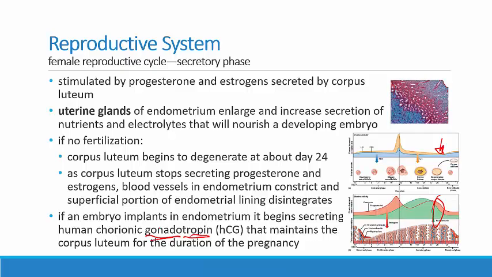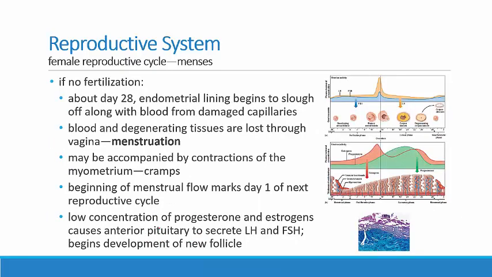So, again, back to the no fertilization point of view, that triggers menses. As the endometrial lining begins to slough off and blood from those damaged capillaries is released, then we see menstruation as all that material is being released or lost through the vagina.